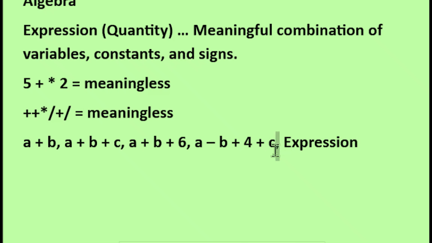It should be a meaningful combination of variables, constants, and signs. a plus b, only two variables: a is a variable, b is a variable, plus is a sign. a plus b plus c, three variables. a plus b plus 6, a and b variables, 6 is a constant. a minus b plus 4 plus c, a, b, c variables, 4 is a constant. So this is an expression, a combination of variables, constants, and signs.